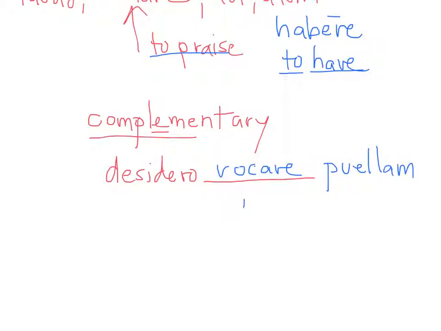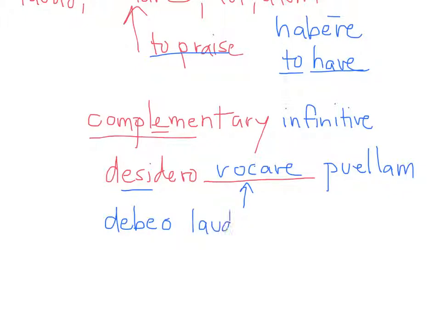The name for this infinitive in this context, when it follows a verb of desiring or obligation, is called a complementary infinitive. You can also have, for example, the verb debeo, I ought to praise.